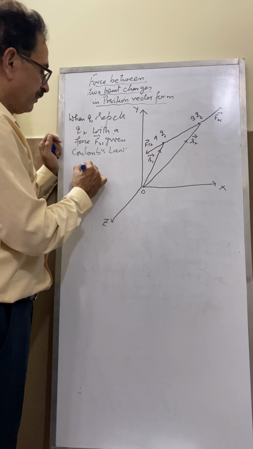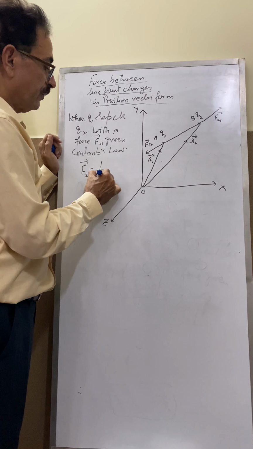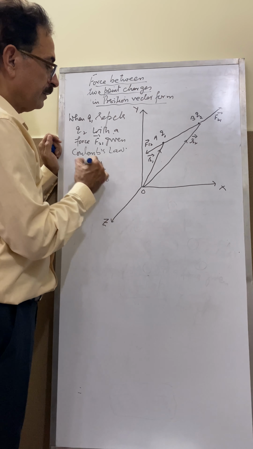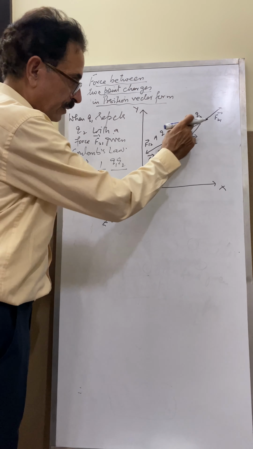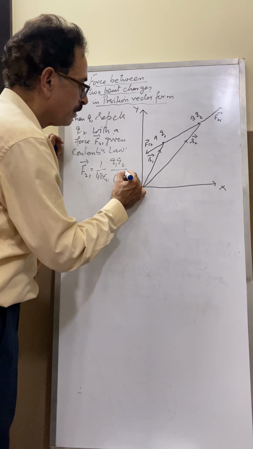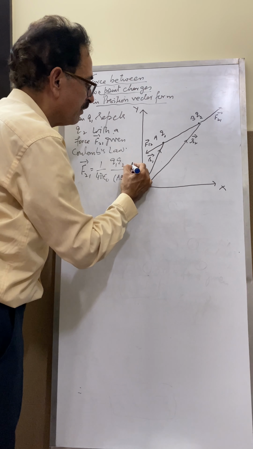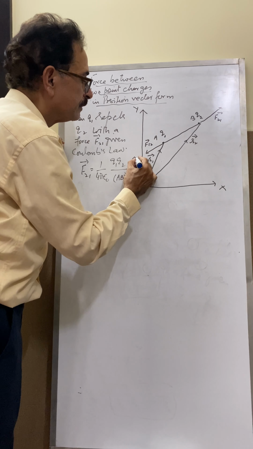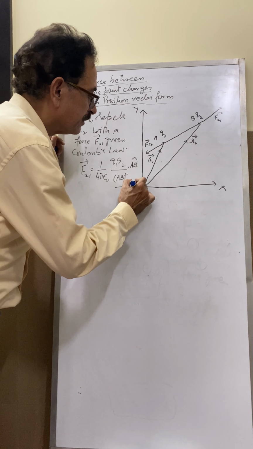That is, F21 can be written equal to 1 upon 4 pi epsilon naught Q1 Q2 upon the distance from here to here, which I will write as AB square, and this direction is from A to B, which I will write as AB cap. Let me say this is the first equation.